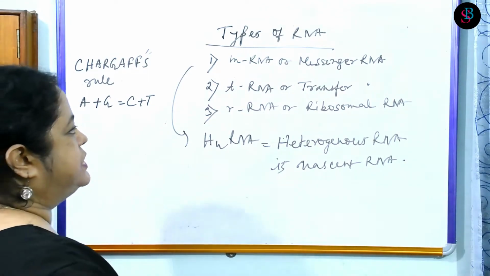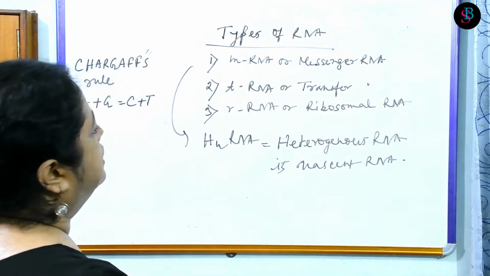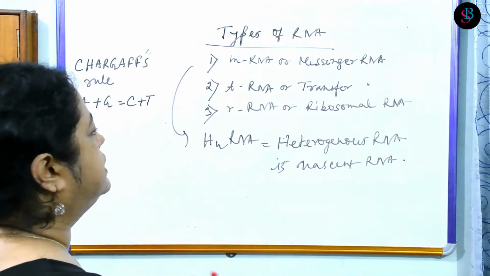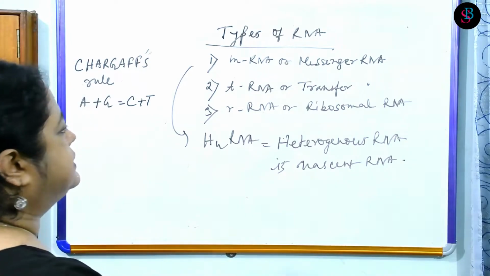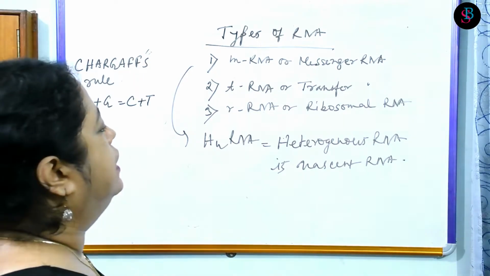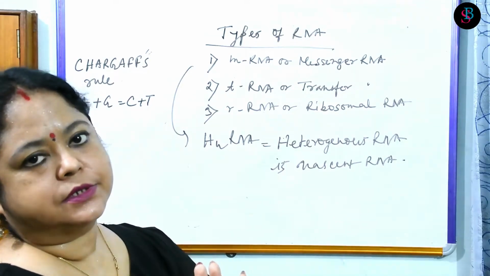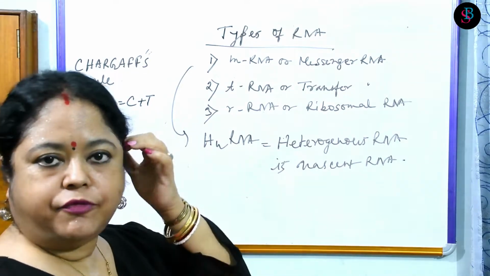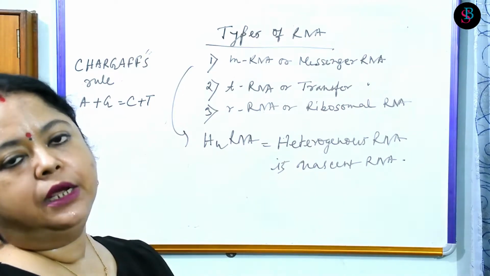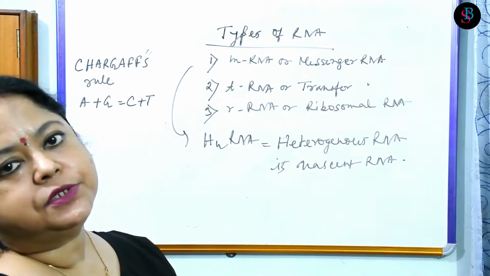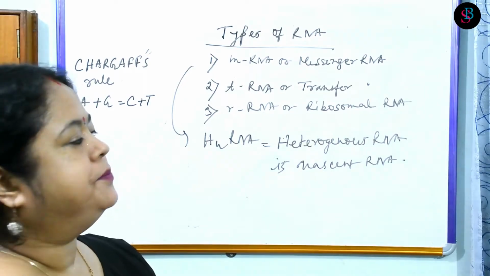And number two is tRNA. tRNA is also a single stranded structure, and its function is to bear the amino acid at the place of protein synthesis. So they help in the formation of the polypeptide chain by bringing amino acids to the site of protein synthesis.